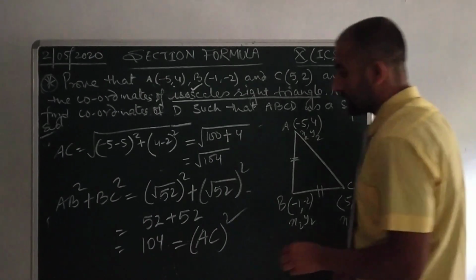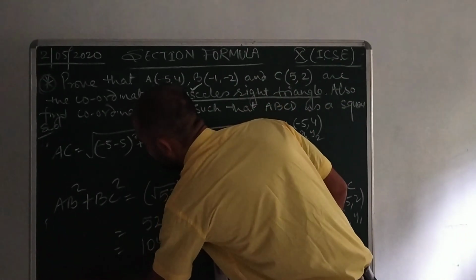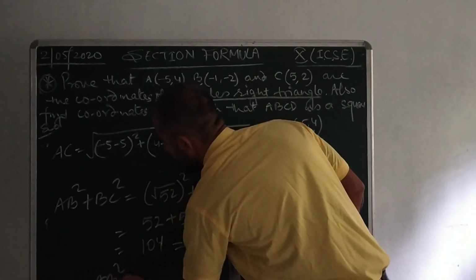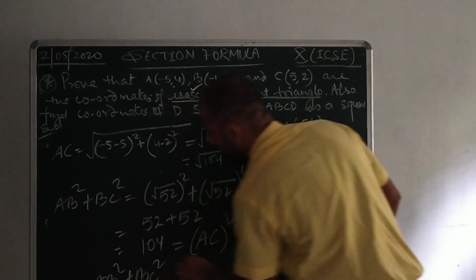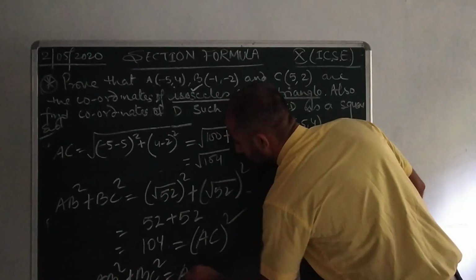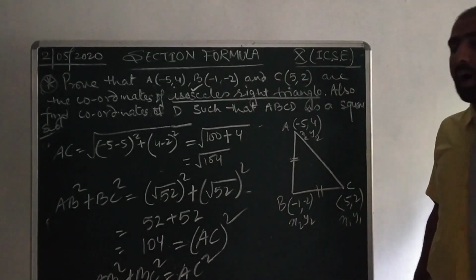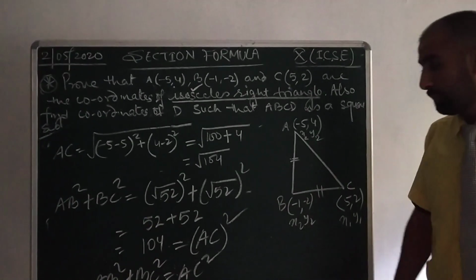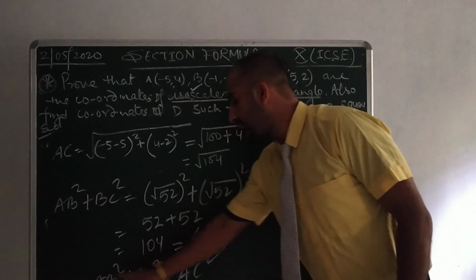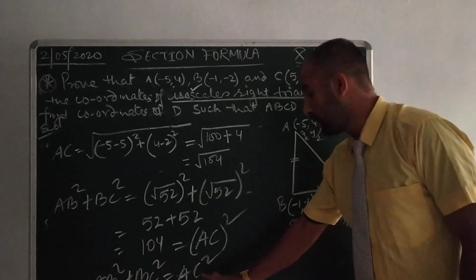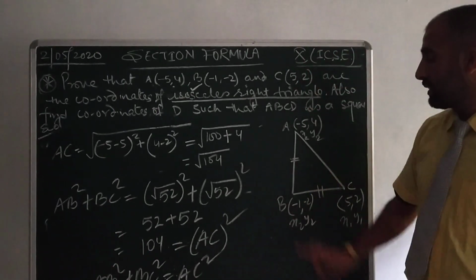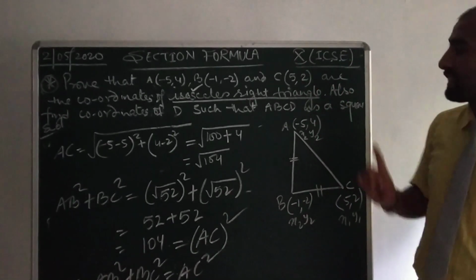Therefore, AB square plus BC square equals AC square. Now, according to Pythagoras theorem, the sum of the squares of two sides of a triangle is equal to the square of the third side. That means the triangle must be a right angle.